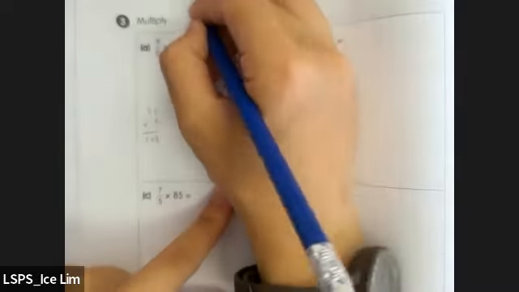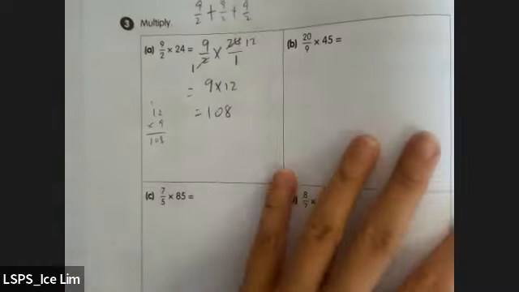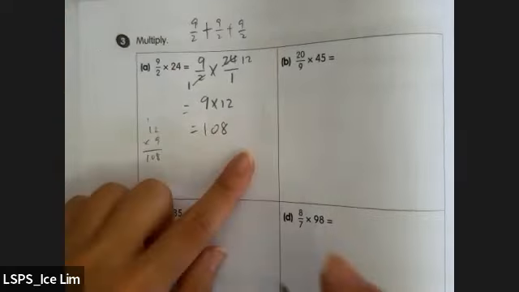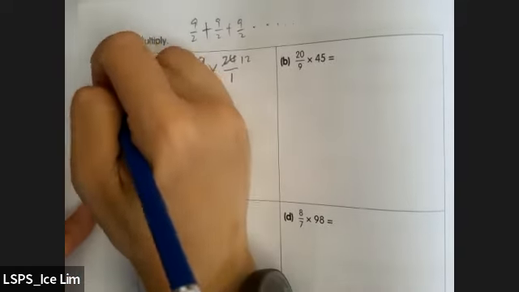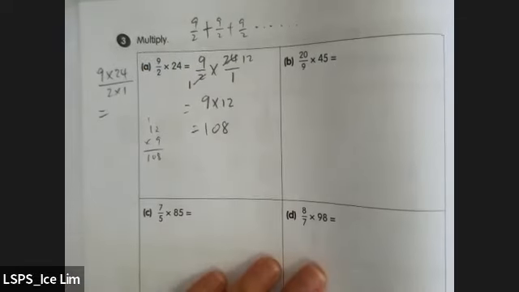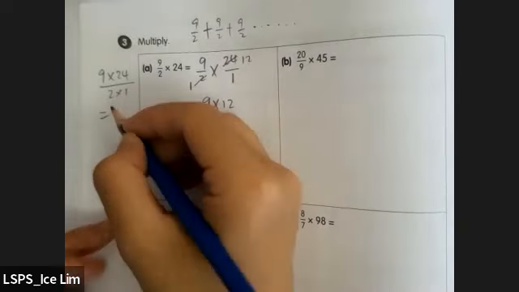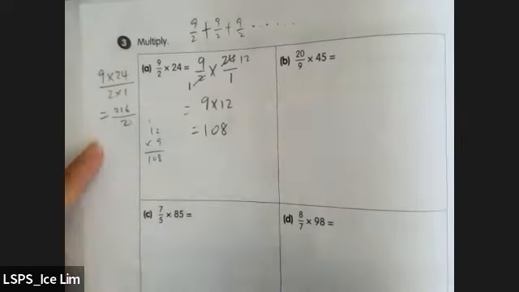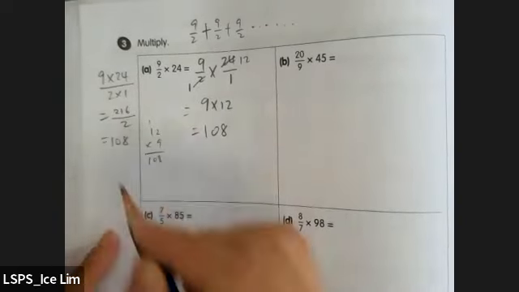I can also do 9/2 plus 9/2 plus 9/2 plus 9/2, all the way until 24 times of it, but that doesn't make sense, it will be very long. So I rather do the shortcut. I can also diligently do it the long way, but you see, it will be longer. 24 times 9 is 216, divided by 2, so you have a longer step, and then one more step.